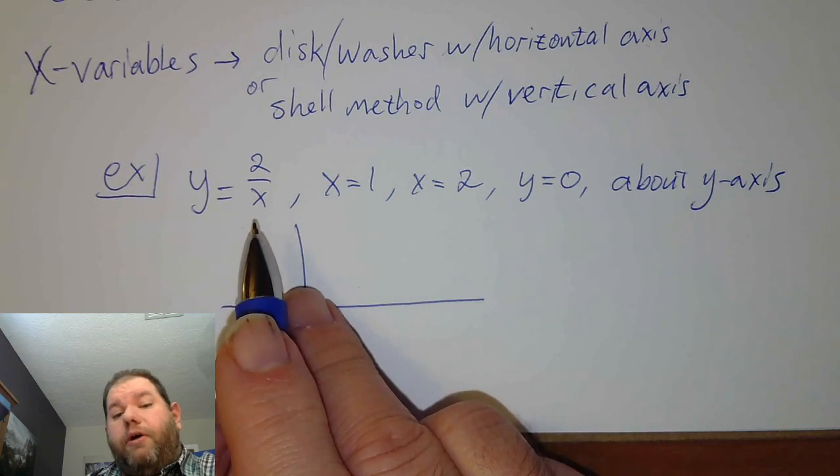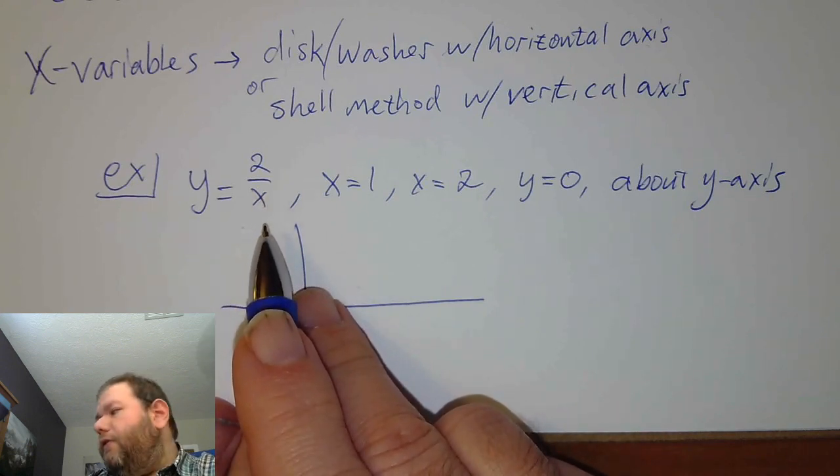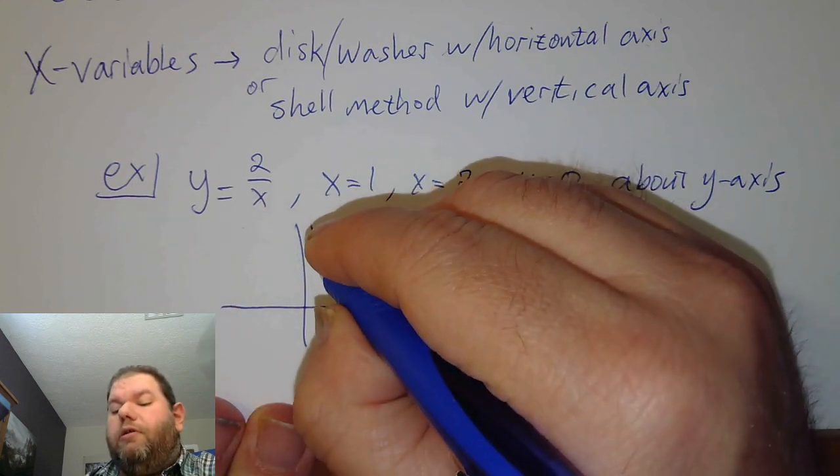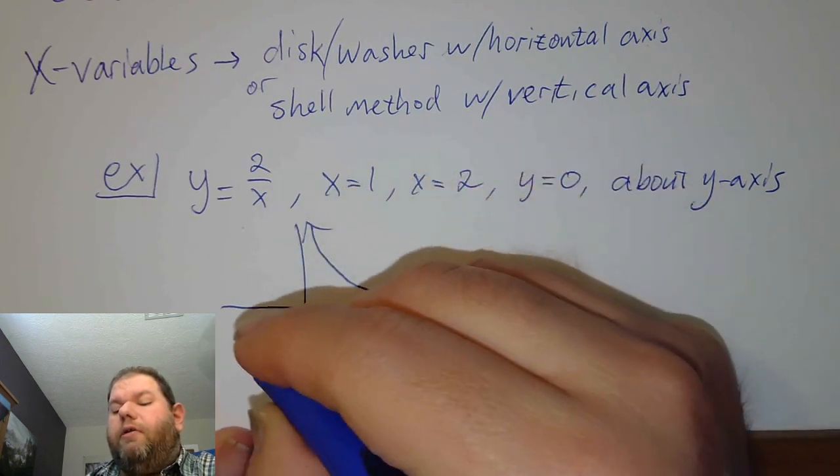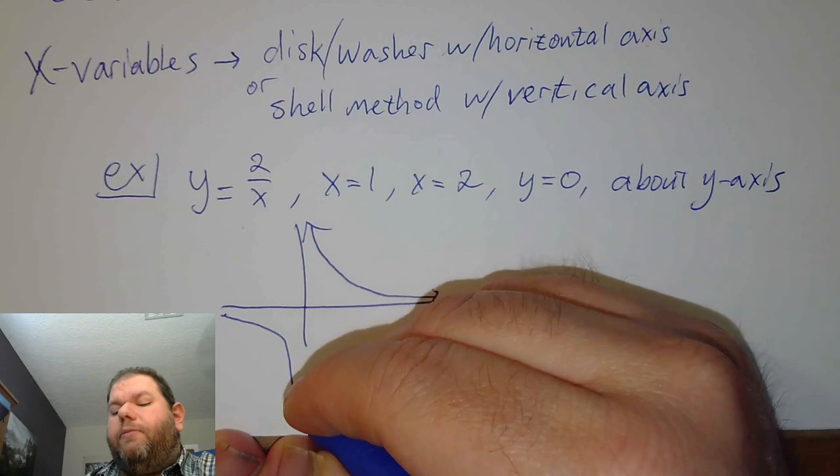Now the graph y equals 2 over x, this is what we call a hyperbola graph. And technically it's on both sides here.